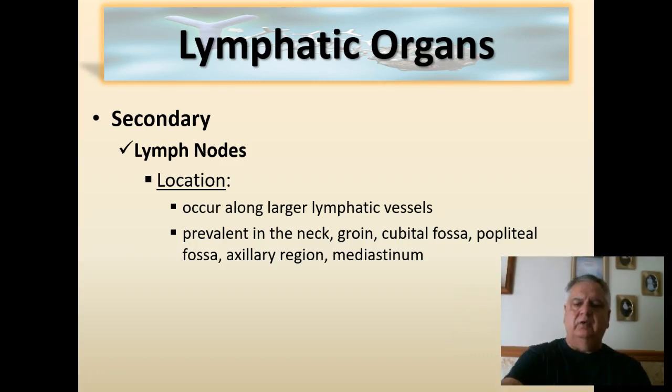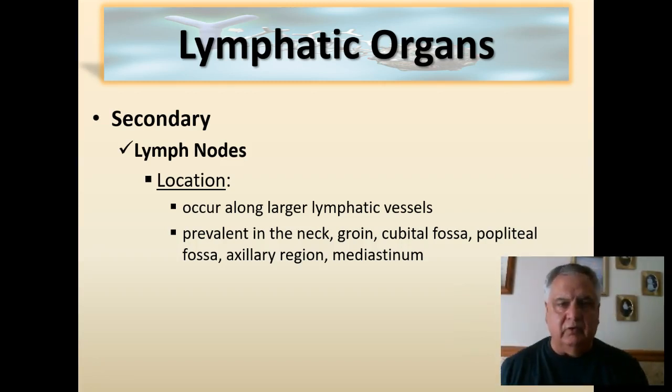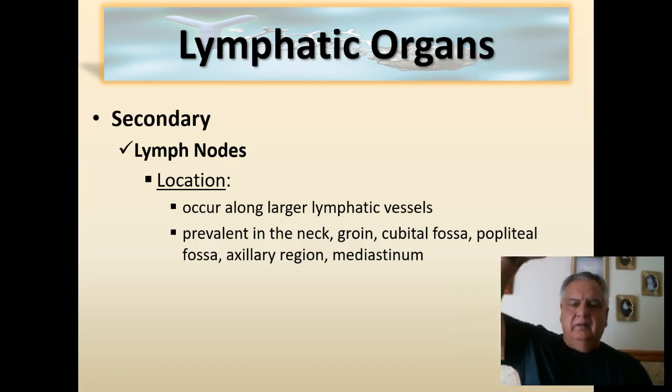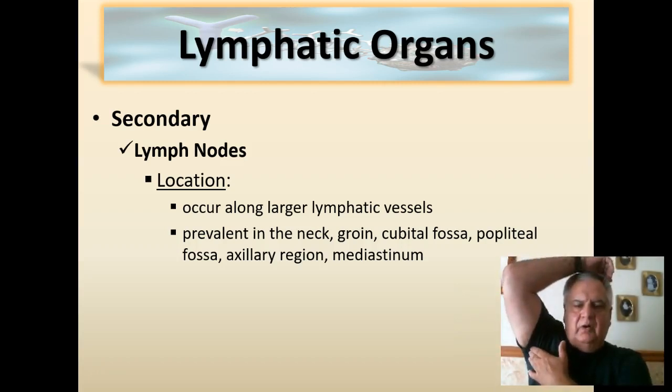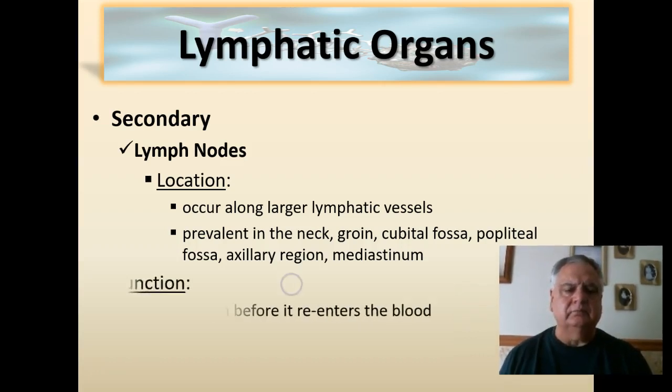What's the cubital fossa? You may recall the cubital fossa is this indentation at the front of the elbow. The popliteal fossa, which is located at the back of the knee, the axillary region, so in the armpit, and the mediastinum, which is located in the center of the thoracic cavity.